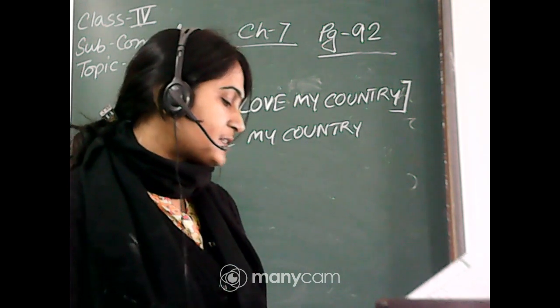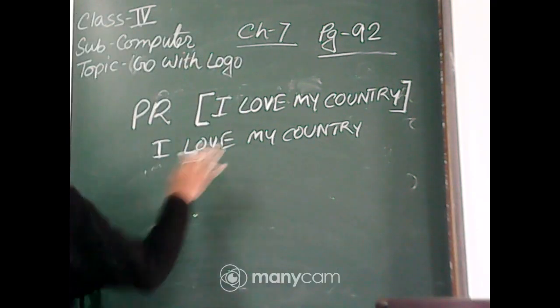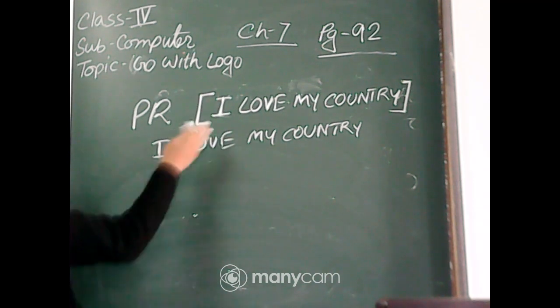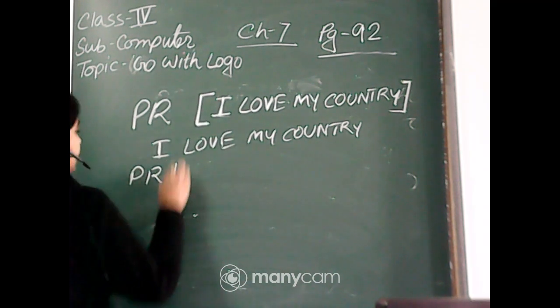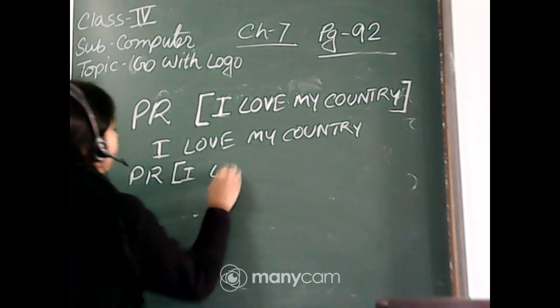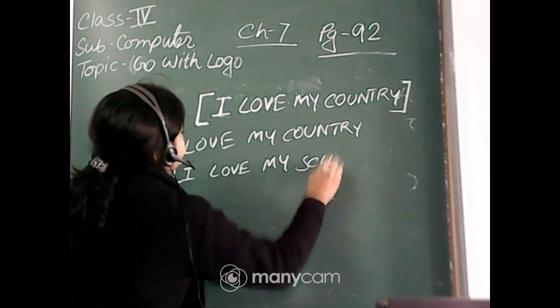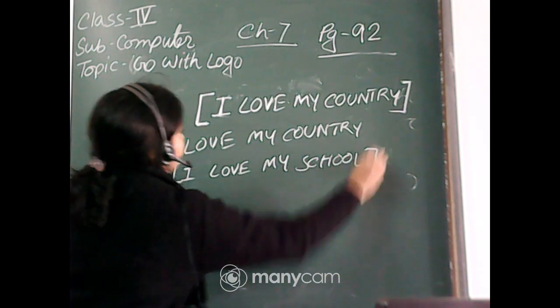Print first, and then if you need only the first word from the sentence, PR and then in the bracket, I love my school, and then close the square bracket.